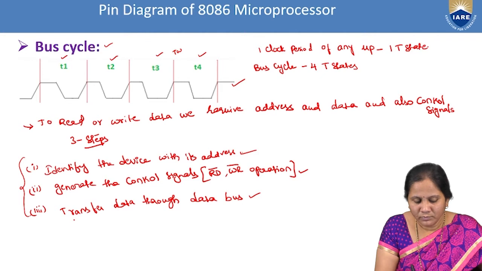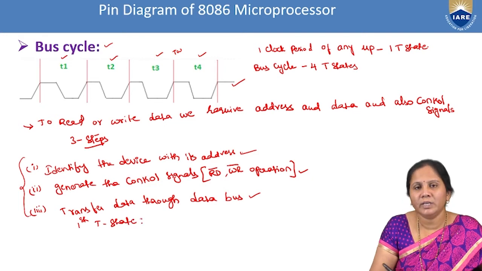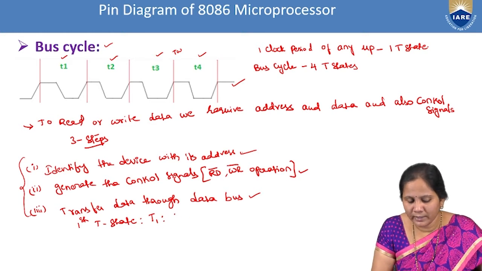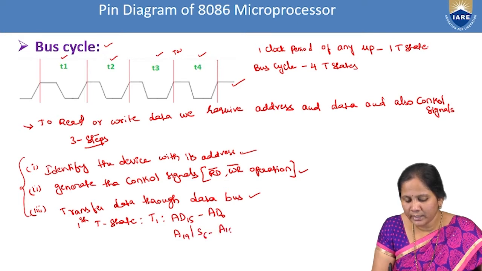The first T state is also called T1. In this T1 state, we have AD15 to AD0 and also A19 to S6 and A16 to S3.